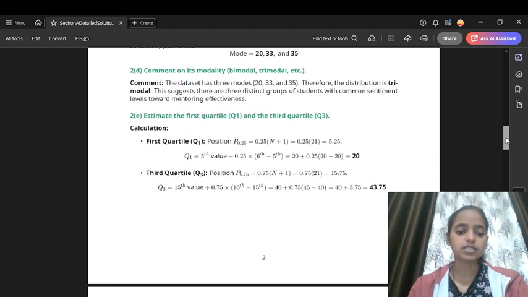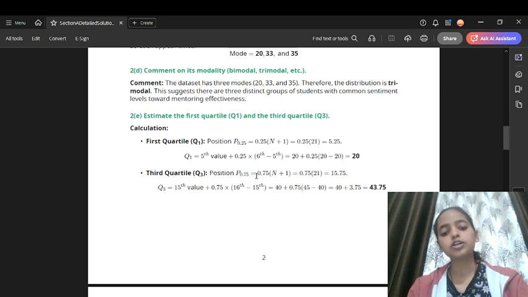Now, the last part, 2E: estimate the first quartile and third quartile. For the first quartile, position P 0.25 equals 0.25 times n plus 1, which is 0.25 times 21, equal to 5.25. Q1 equals the fifth value plus 0.25 times sixth minus fifth, equal to 20 plus 0.25 times 20 minus 20, equal to 20.